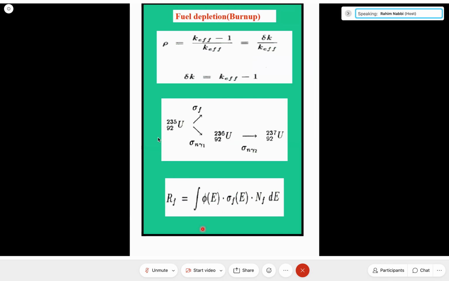It is practically the same as we saw before. You remember, the multiplication factor can be changed, and the change relative to 1, because 1 is the case which is the critical condition. And it's called reactivity.